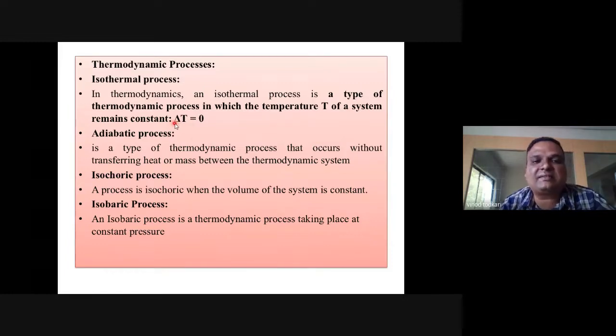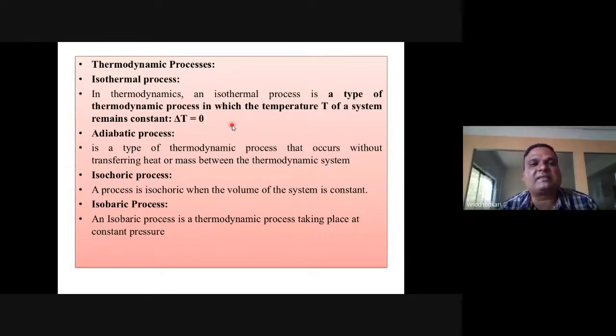So as the temperature remains constant, there will be no change in temperature. Say delta represents change and T represents temperature. So if the change in temperature is zero, we say that the system has undergone an isothermal process. It is a type of thermodynamic process in which the temperature of a system remains constant. Tell me very honestly, is it clear to you?